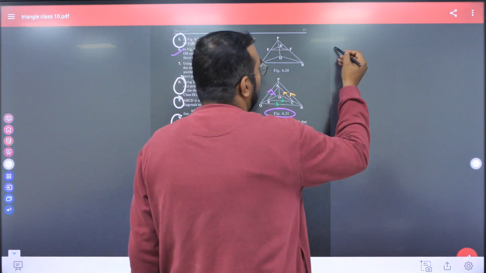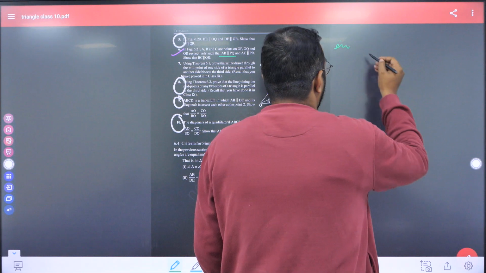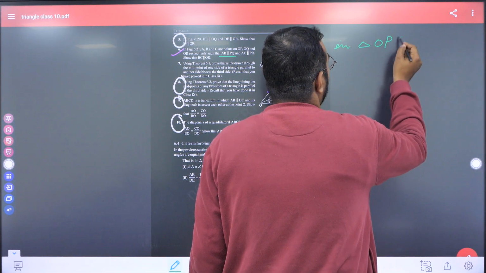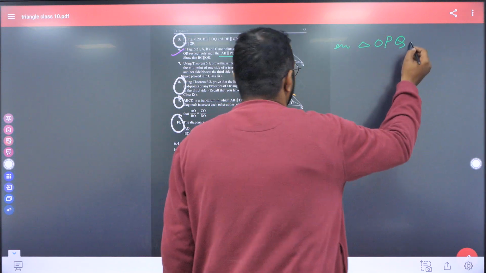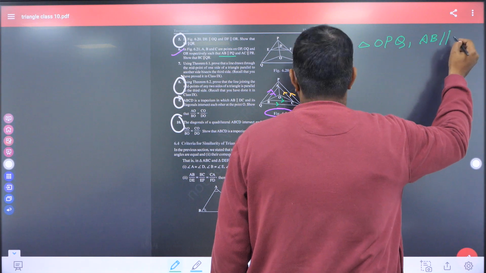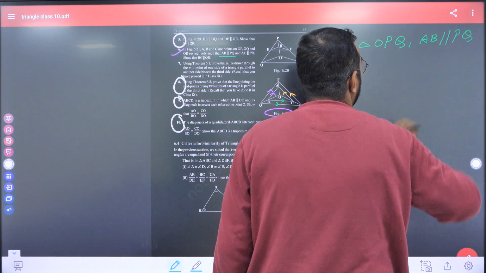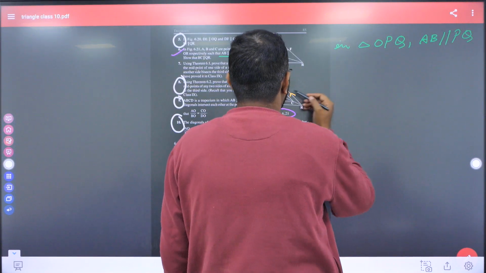So we will write in triangle OPQ, AB is parallel to PQ. So what we can write?